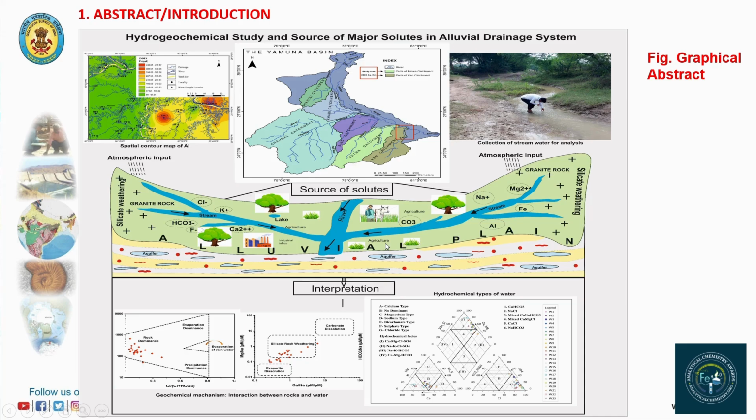This is the interpretation part, in which the Gibbs diagrams are here, and this is the Piper diagram and the rock-water interaction figures. This is the final product, that means the spatial dispersion map of hydrochemical solutes and also the elements, and we will discuss them one by one in the next slide.